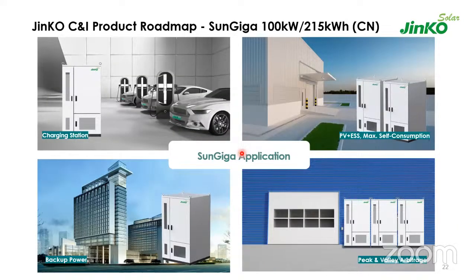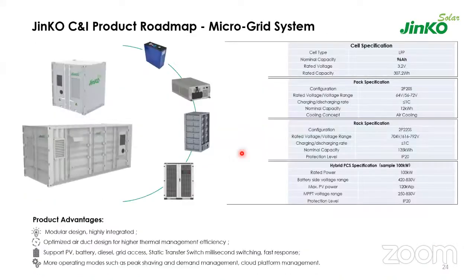Apart from this, even for C&I applications, we are providing similar applications with SunGiga. Similarly for SunTerra applications, the same kind of mechanism falls in place, but instead of 250 kilowatt hours, this entire 20 feet container comes as 3.44 megawatt hours with 280 Ah battery capacity.